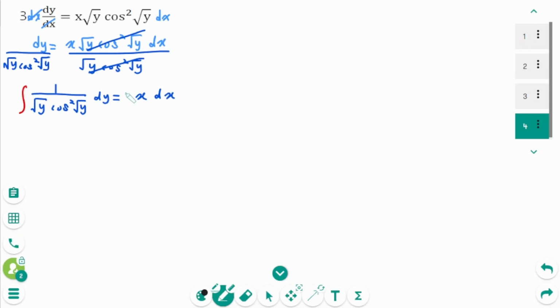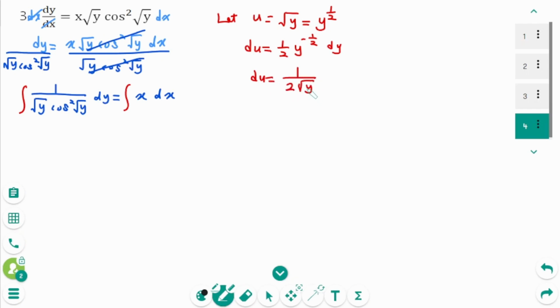Then integrate both sides. On the left, let u equal square root of y, which is y to the power of 1 over 2. Then derive on each side, du equals 1 over 2 y to the power of 1 over 2 minus 1, then minus 1 over 2 dy. Then du equals 1 over 2 square root of y dy. Then times 2 on each side, 2 du equals 1 over square root of y dy.